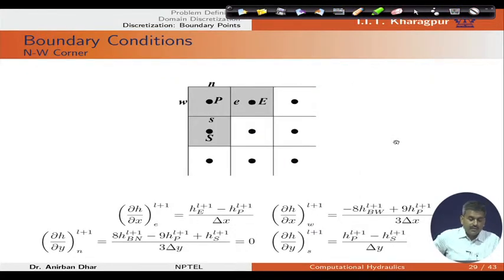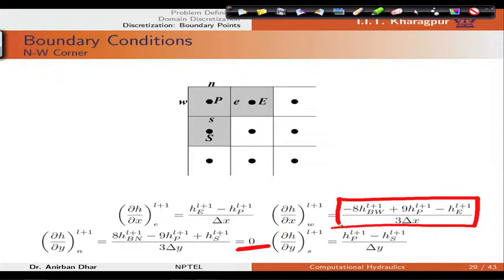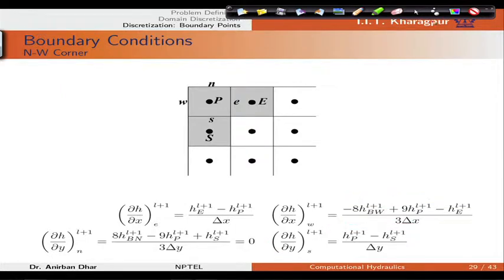Now, we need to consider this northeast or northwest corner. Northwest corner, northern side we have impermeable boundary, obviously we need to put the 0 condition, and the western boundary we need to put this Dirichlet or specified boundary condition.